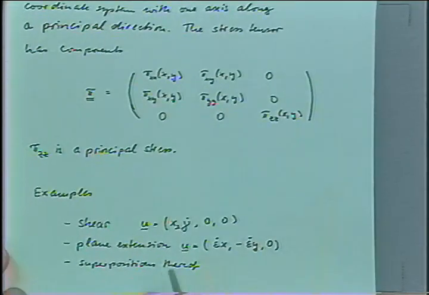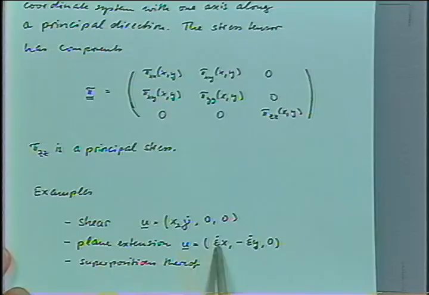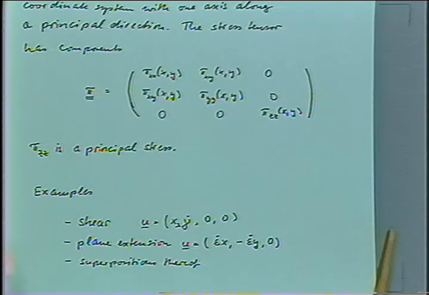We could choose a planar extensional flow in which you would, say, stretch a material element in one direction, and it would shrink in the two direction, while you keep the dimension in the third direction constant. You don't allow any change in the third direction. You still have to apply a stress in the third direction.